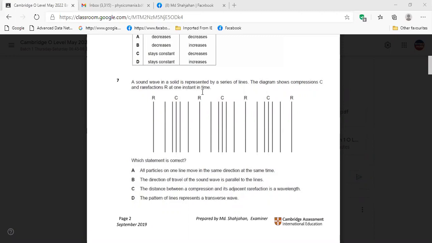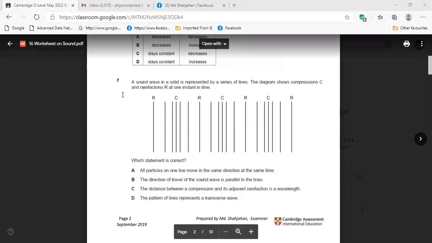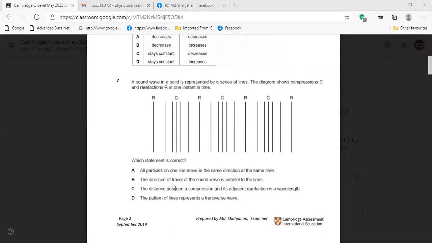So from one crest to one trough, it's not the wavelength, it's half of a wavelength. In question 7, take the note that from one compression to another compression is the wavelength. That's why we cannot take C.